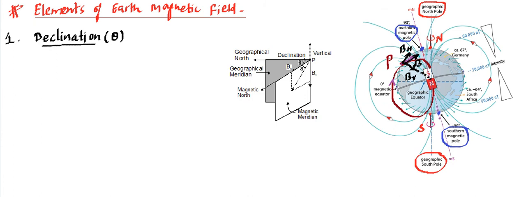This is the north pole we have talked about, geographic north, and we have talked about the geographic south, and there's a point P. Now let's consider these points, that means the north and south, or you can say the geographic axis. So if we consider this entire geographic axis and this point P, this is a three-dimensional picture, right? So point P can be anywhere in that three dimension.